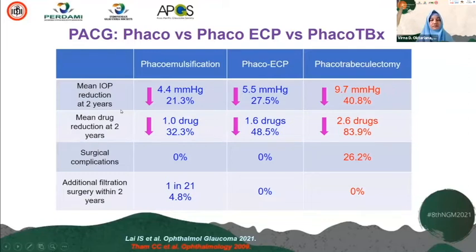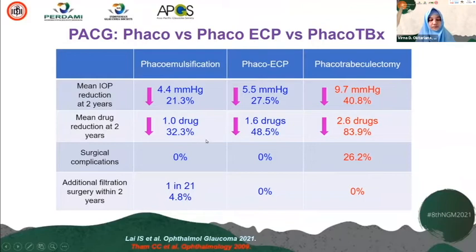First of all, if you look at mean IOP reduction at 2 years after surgery, phacoemulsification alone is actually very effective. It reduces pressure by over 20%, whereas combined phaco-ECP reduces pressure by almost 28%, while combined phacotrabeculectomy reduces pressure by over 40%.